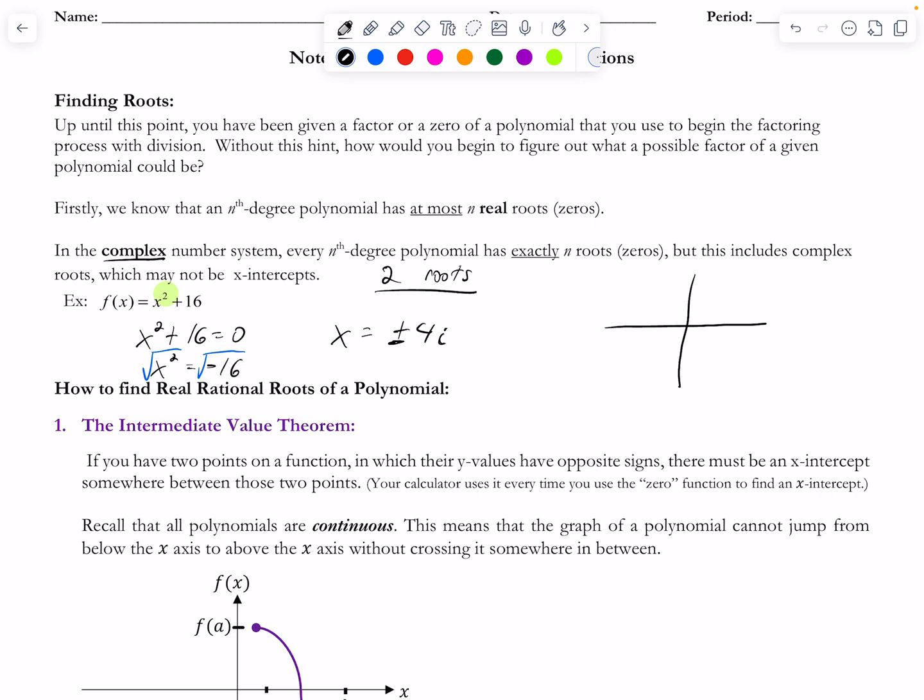A lot of times they'll be the same, but in this case, these imaginary or complex roots are not going to be intercepts. If you were to graph this quadratic, with a y-intercept of 16, you'll notice that it is never going to intersect with the x-axis. So that's how you have solutions, but not necessarily x-intercepts.